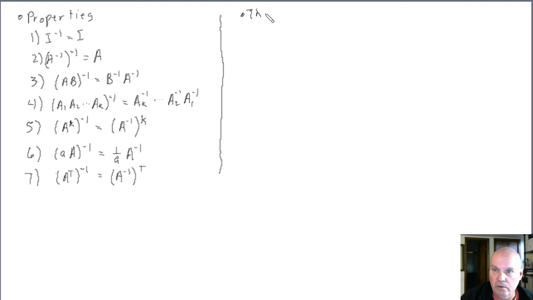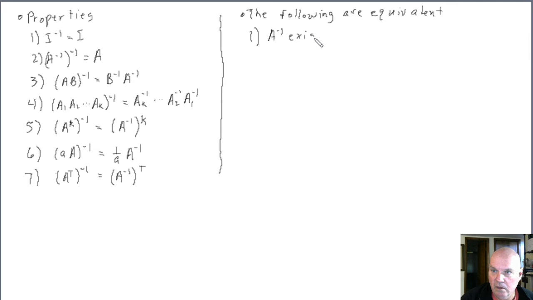I want to also list some equivalencies. The following are equivalent statements for an n by n matrix A. In the text, this is called the inverse theorem.